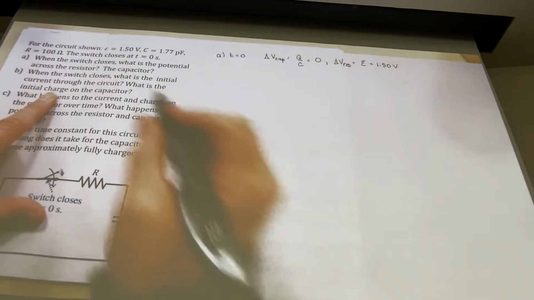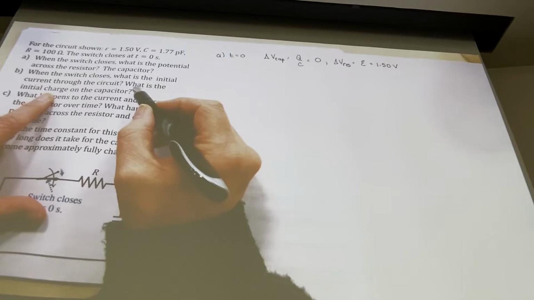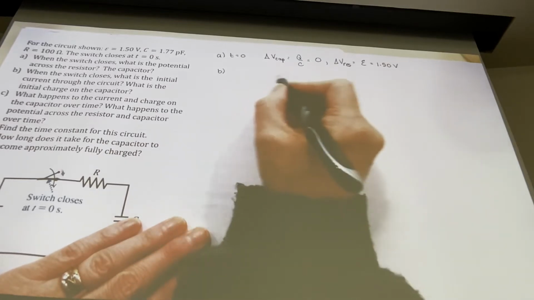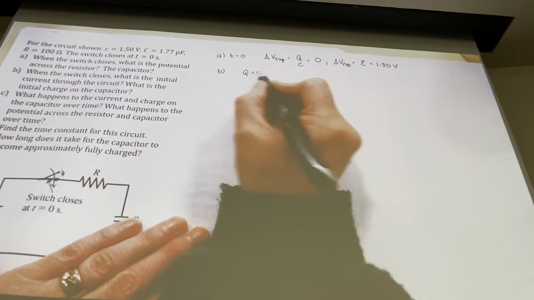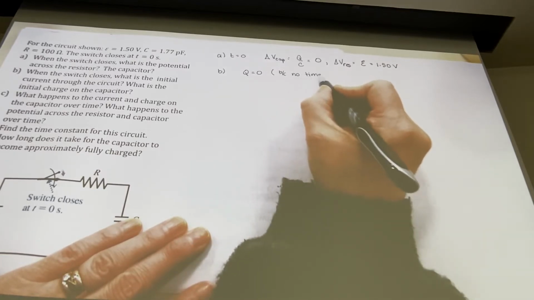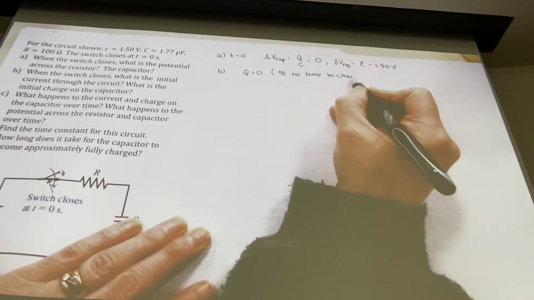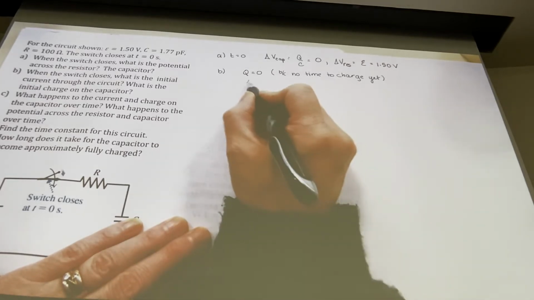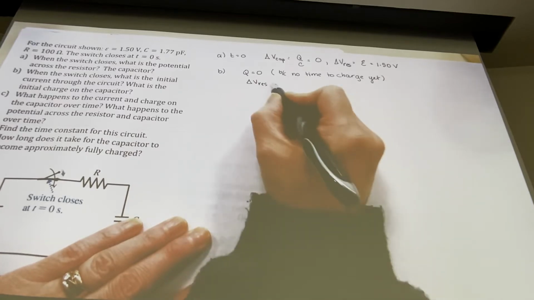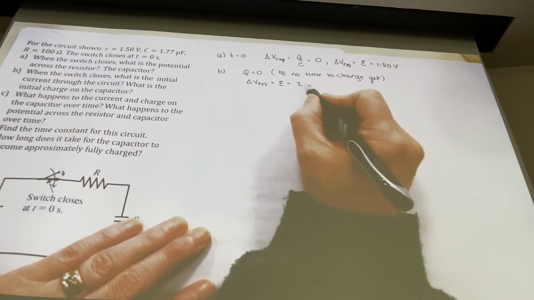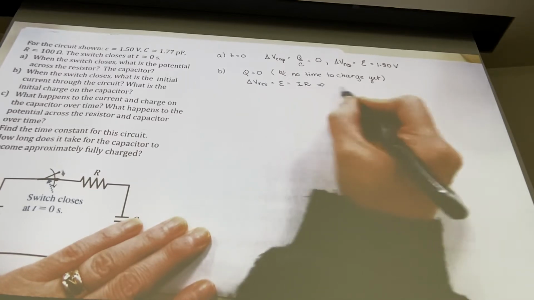Okay, part B, when the switch closes, what's the initial current through the circuit and what is the initial charge on the capacitor? We've kind of got some of that answered already. So the charge on the capacitor equals 0 because no time to charge yet. For our current, delta V across the resistor is the full potential, 1.5 volts, equals the current through the resistor times the resistance.